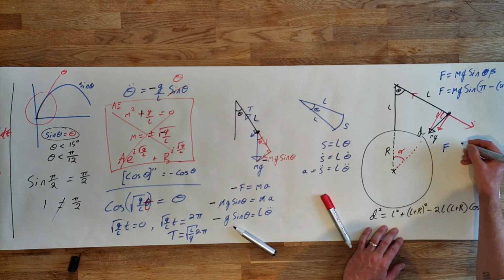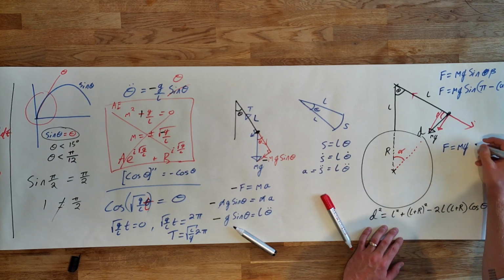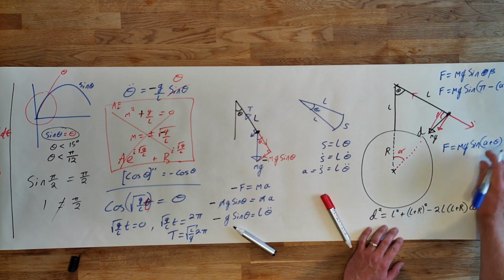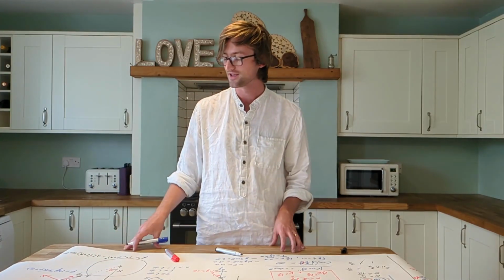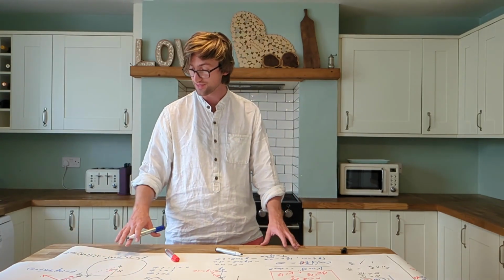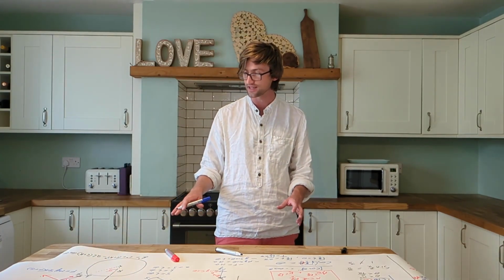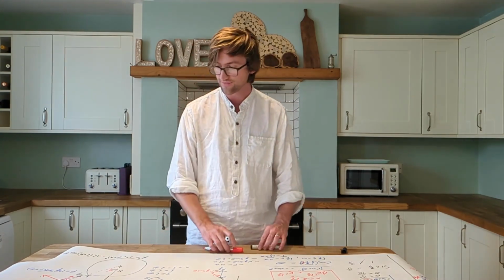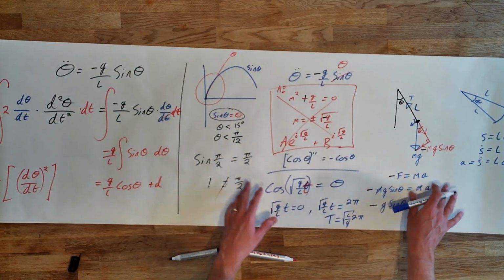So that should give me F is equal to mg sine of (alpha plus theta) from the periodicity of sine.